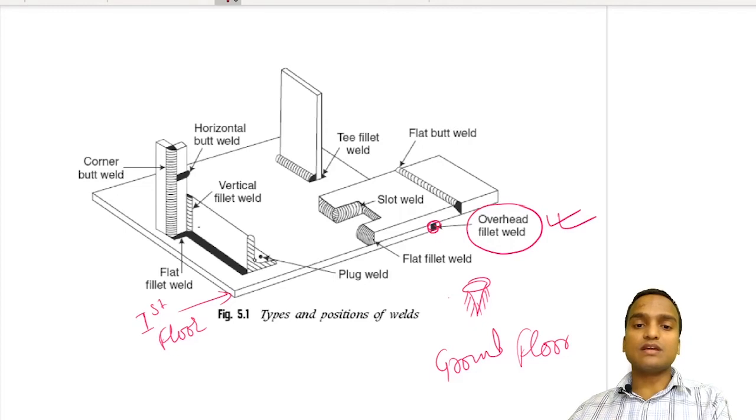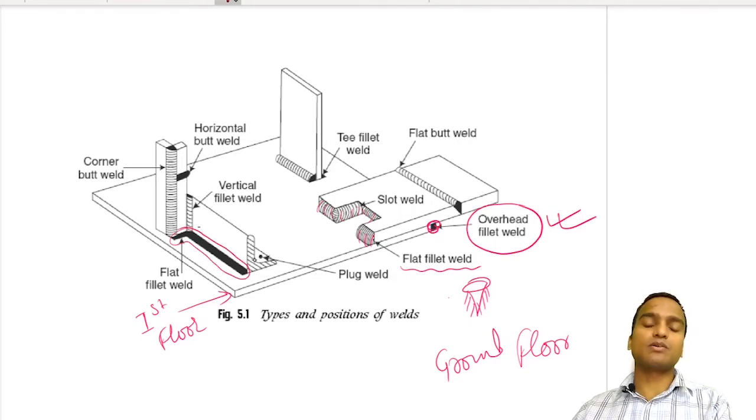And then you see here flat fillet weld, because this is my floor and on the floor some welding is done. You see this is a flat fillet weld because this is done on the base slab. Similarly, this is a flat fillet weld. This strip which you are seeing is again flat fillet weld because this is done on the floor or the slabs.